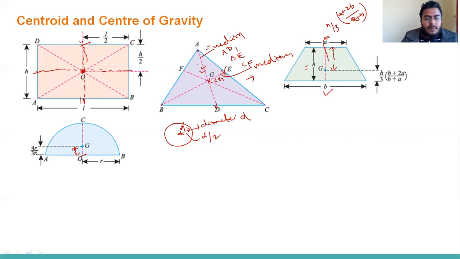And this centroid will lie on this line because of the symmetry of the semicircle. If you draw this shape on paper and fold it along this line OC, it will overlap.